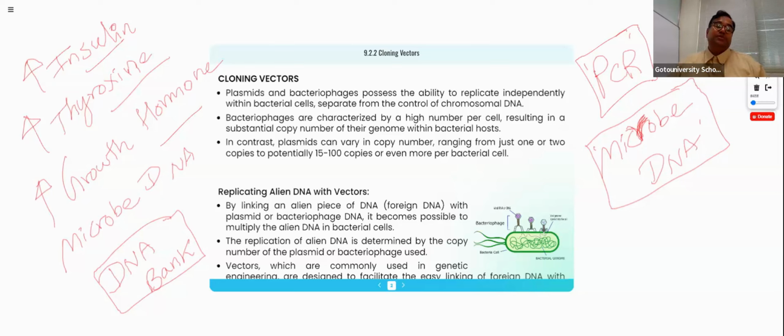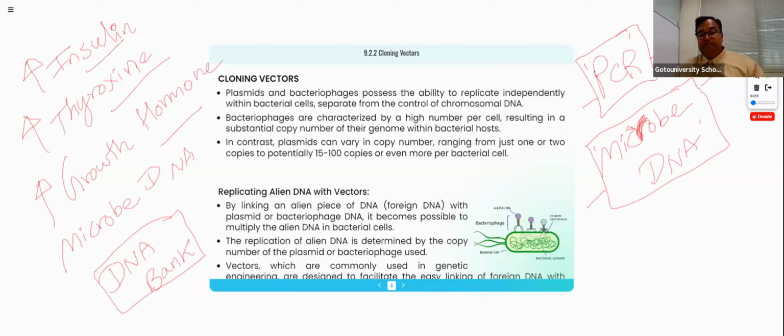Because we need to ensure the production of insulin, and we should produce thyroxine hormone. For that, we are maintaining the DNA bank for insulin and the DNA bank for thyroxine, by duplicating the given gene into multiple copies with microbial DNA and the PCR technique.